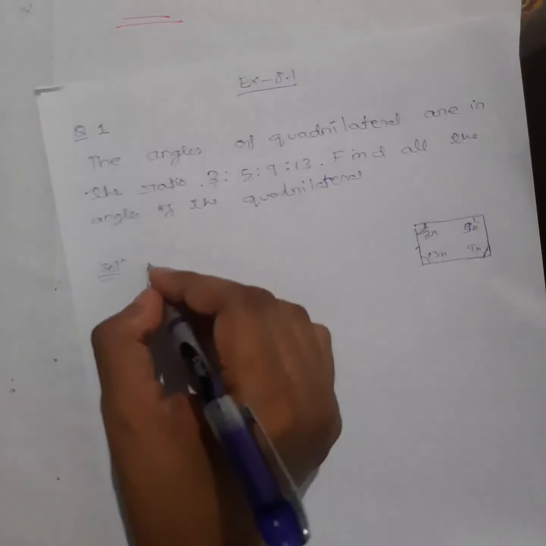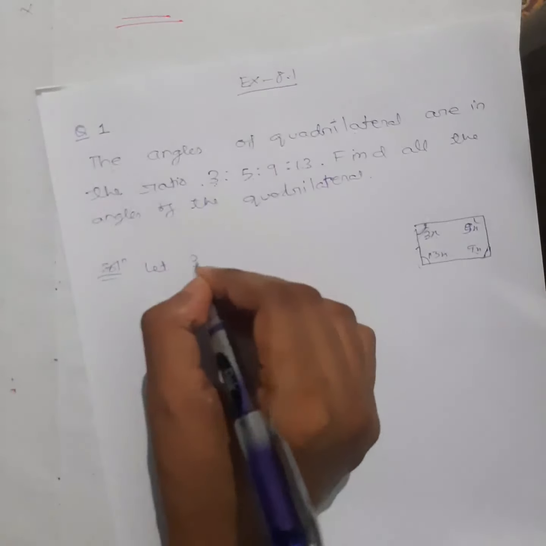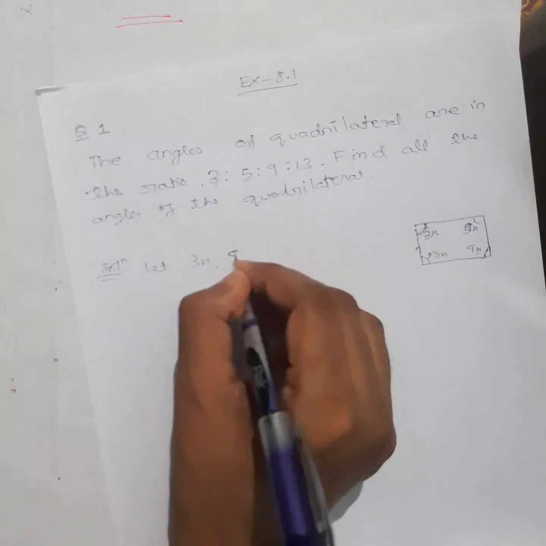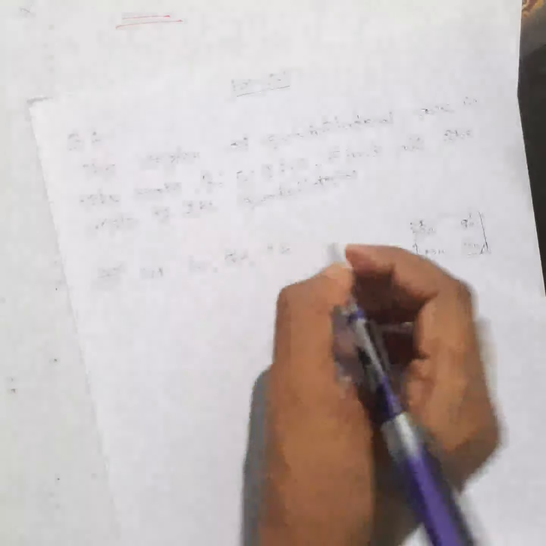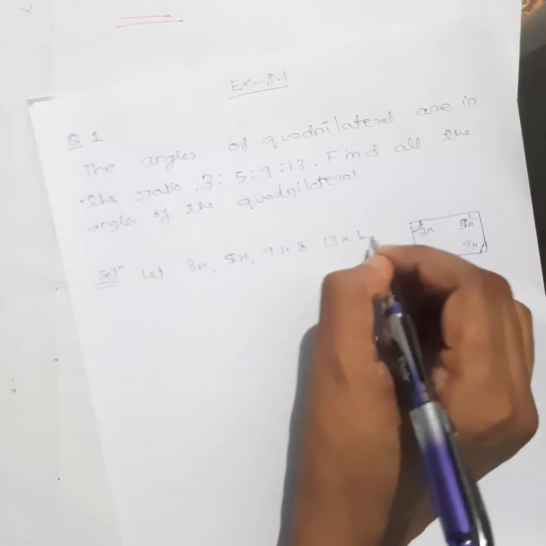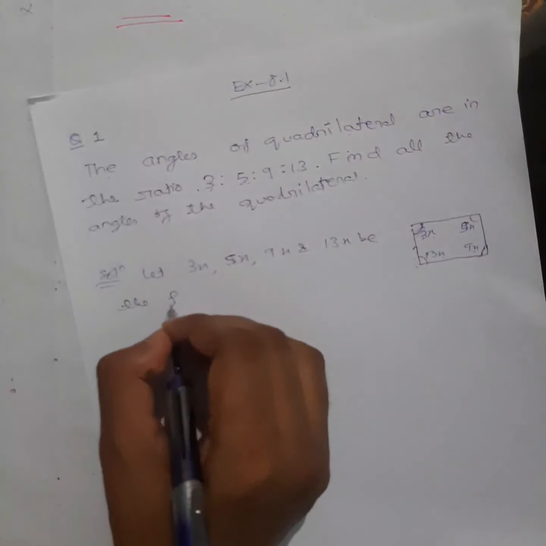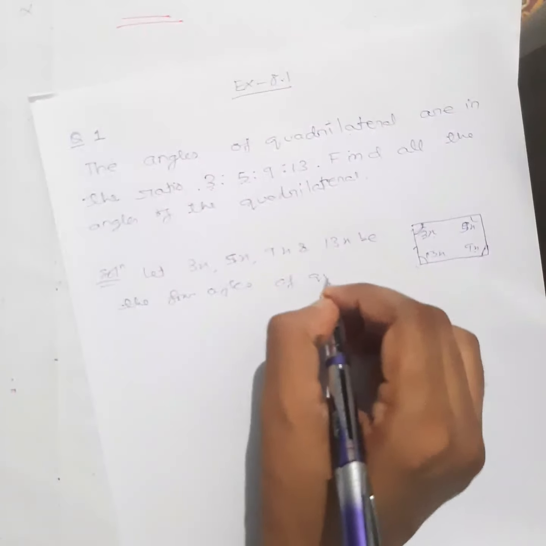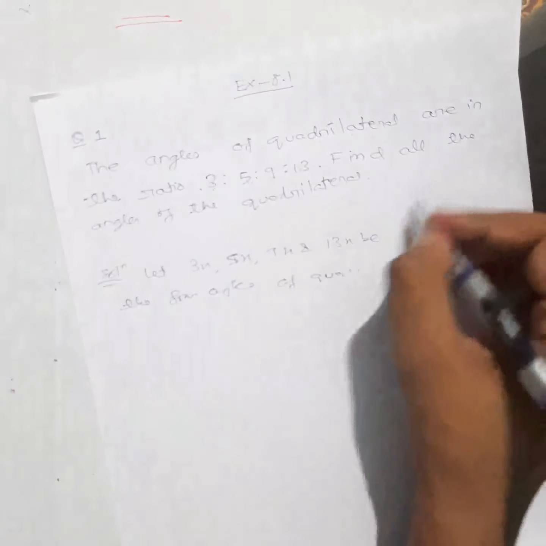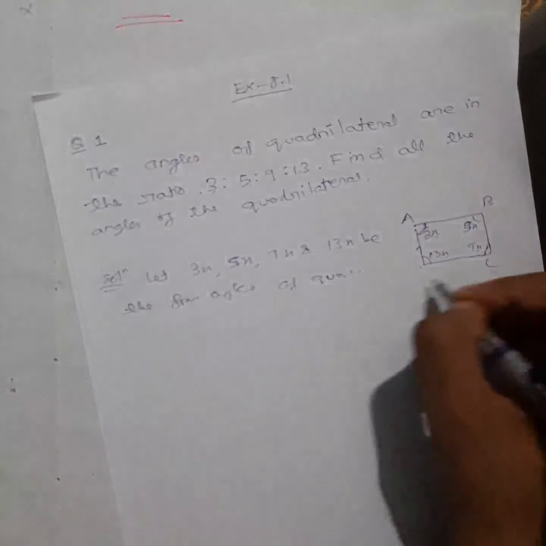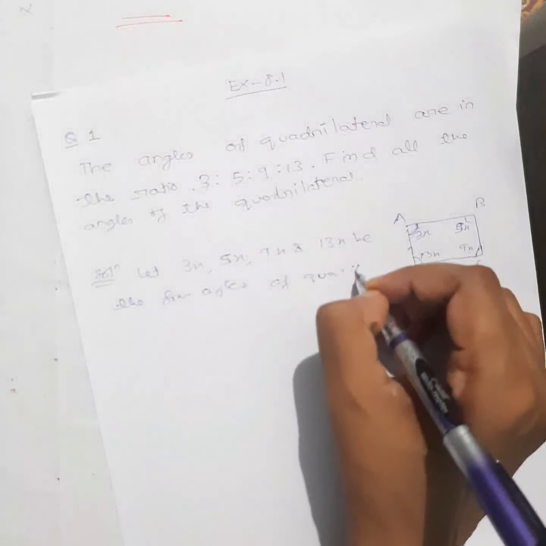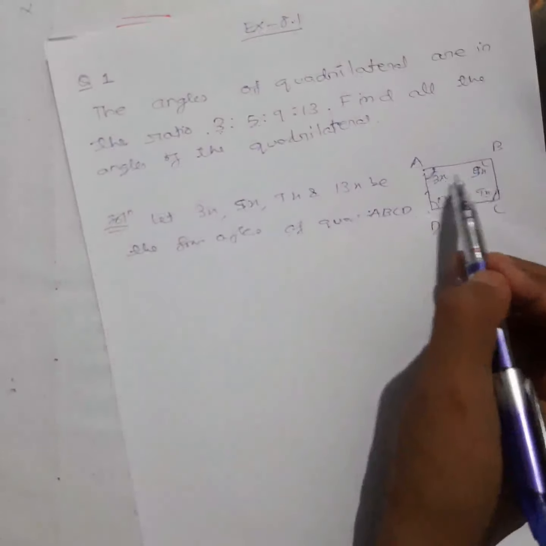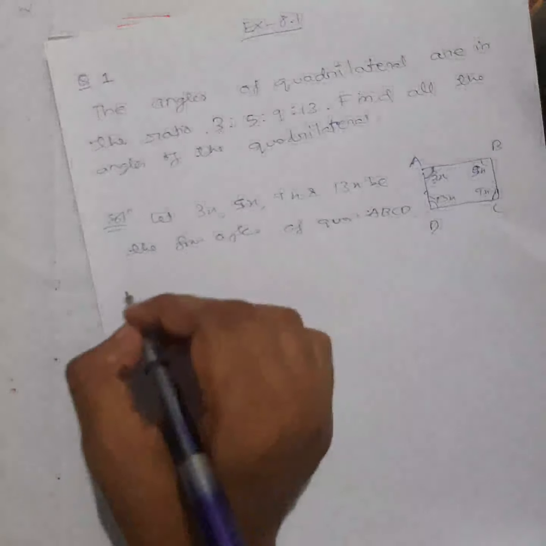360. So first we will write: let 3x, 5x, 9x and 13x be the four angles of the quadrilateral ABCD. Now I have to find these angles, and to find them I have to find one equation.